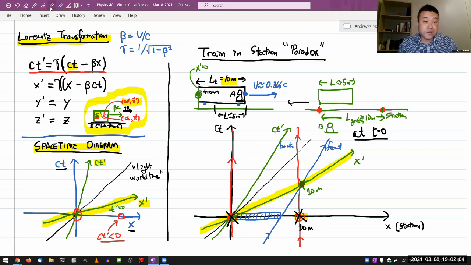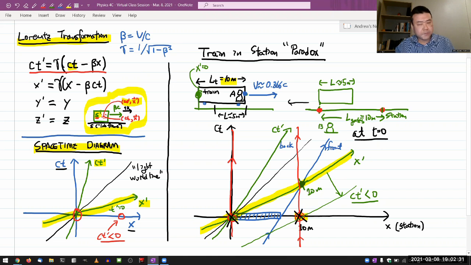There is another line of simultaneity that goes through this point, but it would have to be parallel to the x prime axis, and this is some distance below the x prime axis. So there is a value of ct prime associated with this. It's something less than 0. It happens at some time before this point does.